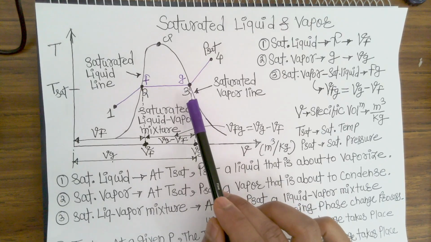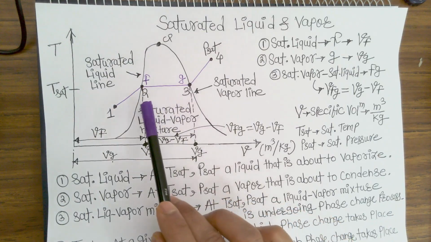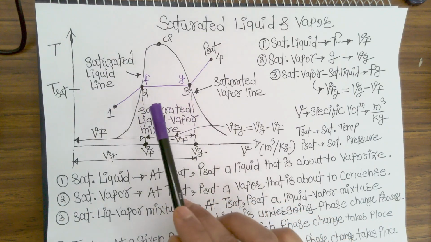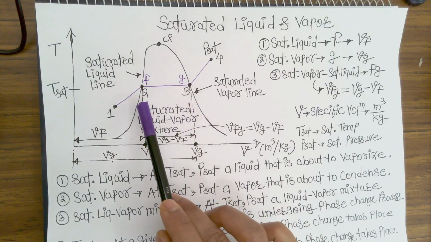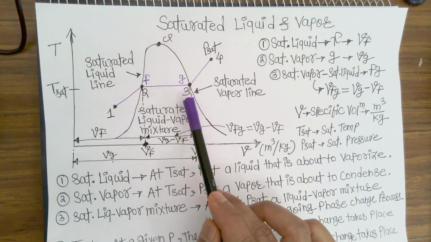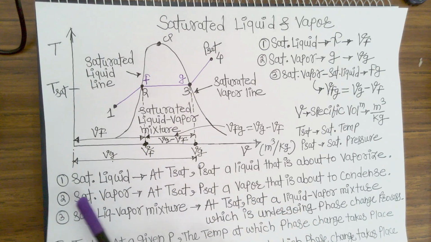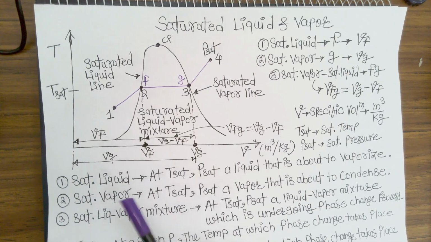So point 3 represents 100% vapor condition. So from point 2 to 3, it is a phase change process from liquid to vapor, and point 3 represents 100% vapor, which is also called saturated vapor.